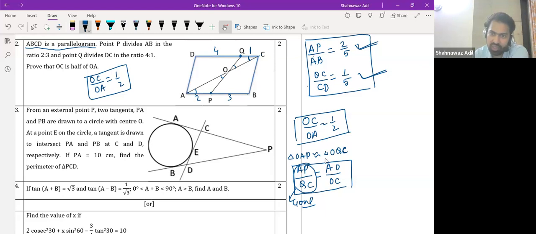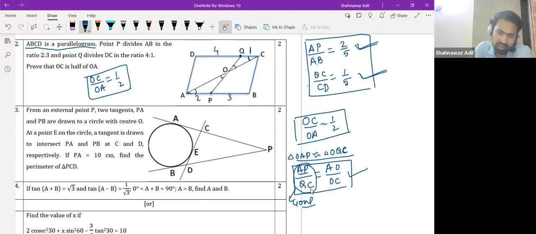So these two triangles are similar. Then I can write AP by QC equal to AO by OC. So this I have proven. I have to find out AP by QC.